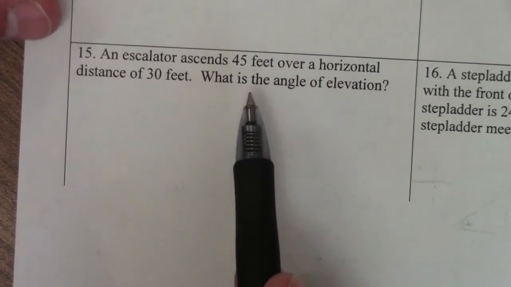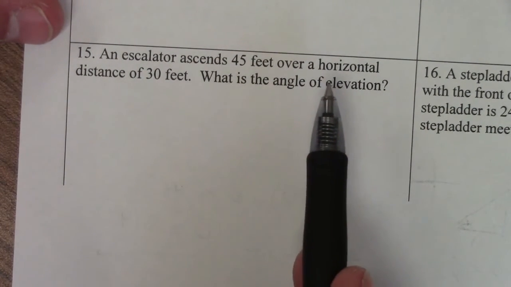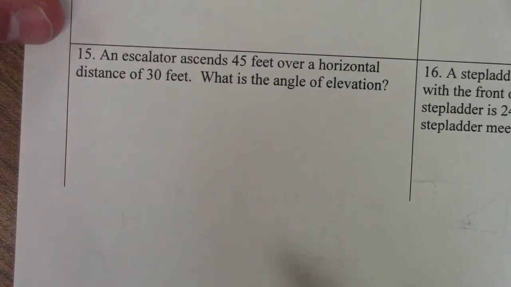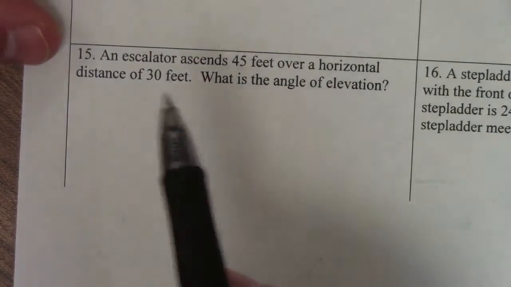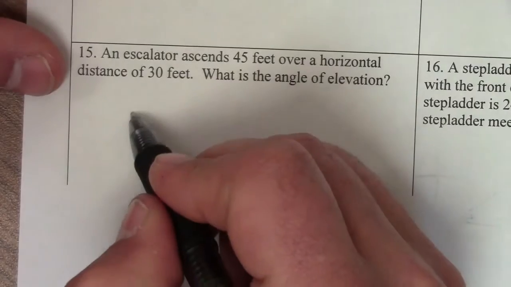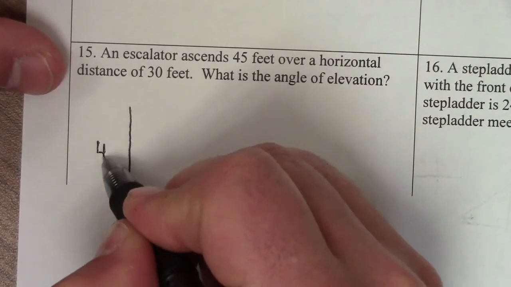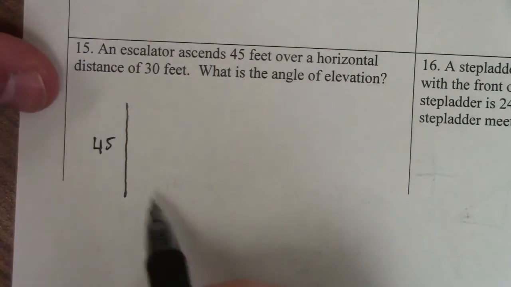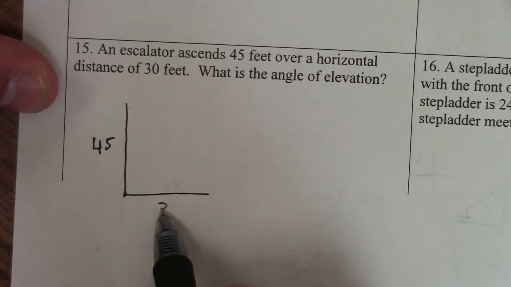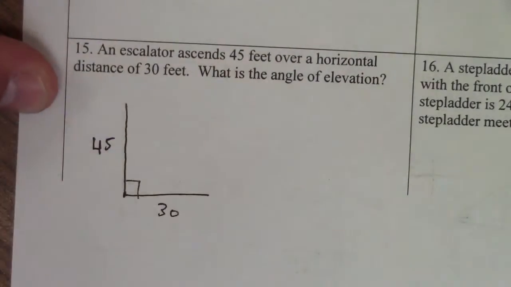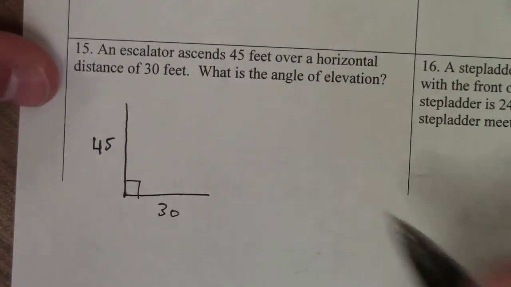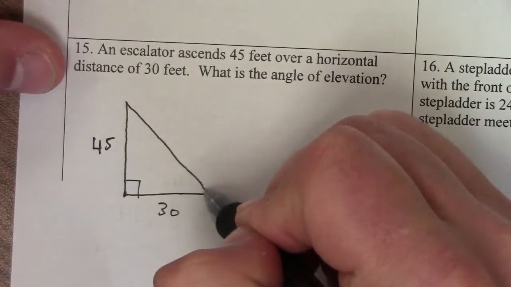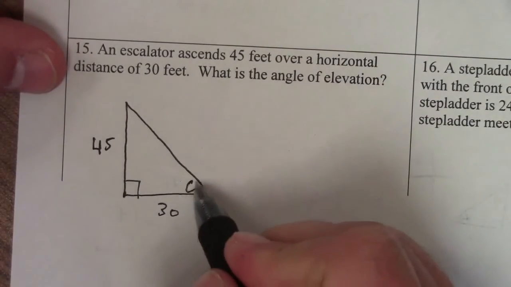Here, we're told an escalator ascends 45 feet over a horizontal distance of 30 feet. So ascends means go up. So it goes up 45 feet over a horizontal distance of 30 feet. And we're trying to figure out what's the angle of elevation. The angle of elevation is this angle right here.